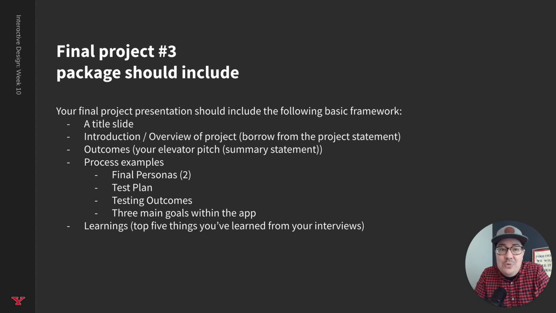So your final 2 personas, the test plan itself, your testing outcomes, so what you actually heard from your users themselves when you talked to them, and then 3 main goals that you're going to define within the app itself. So you're going to take all that plus your learnings, the top 5 things you learned from your interviews based off what you heard from your users, and put that all together for your project number 3 package.